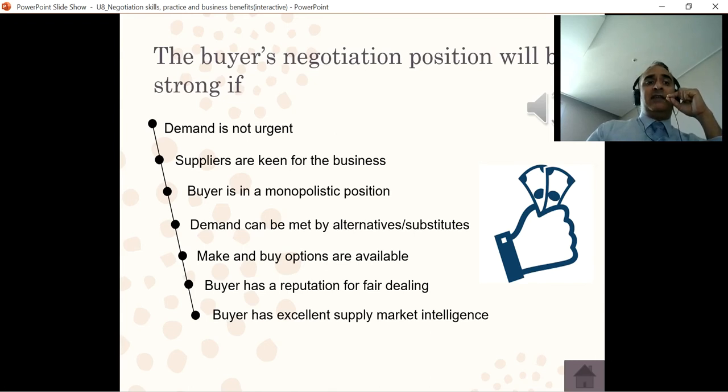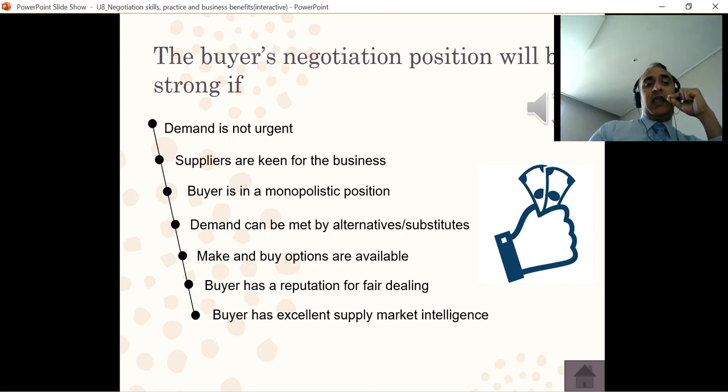In this case, the supplier is going to say, you need this supply now, and I'm the only supplier, so I can set any price that I want. So again, then the position from the buyer is lost. The suppliers are keen for the business. If we have suppliers that are new in town, or perhaps a very small company, they will try to sell their product at any price.